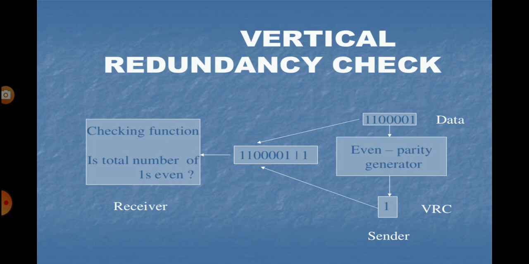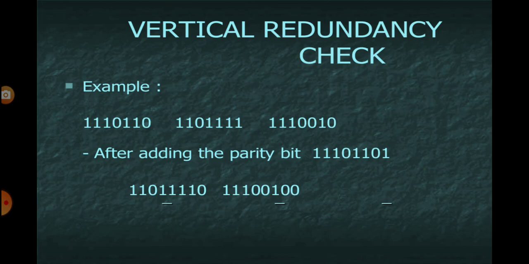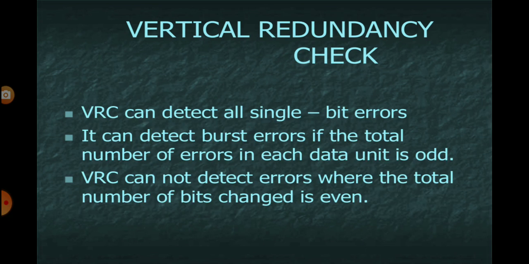The data is 100001. Sender adds 1. Vertical redundancy check example, after adding the parity bit. Vertical redundancy check (VRC) can detect all single bit errors. It can detect burst errors if the total number of errors in each data unit is odd. VRC cannot detect errors where the total number of bits changed is even.